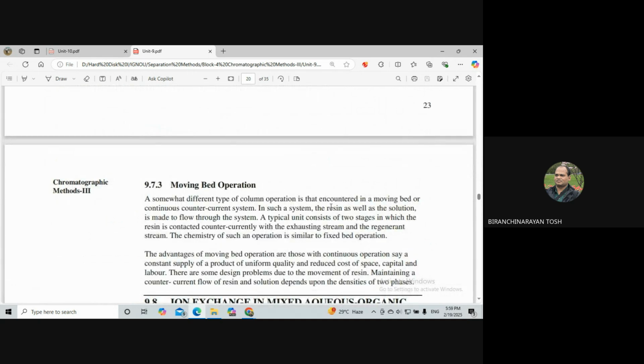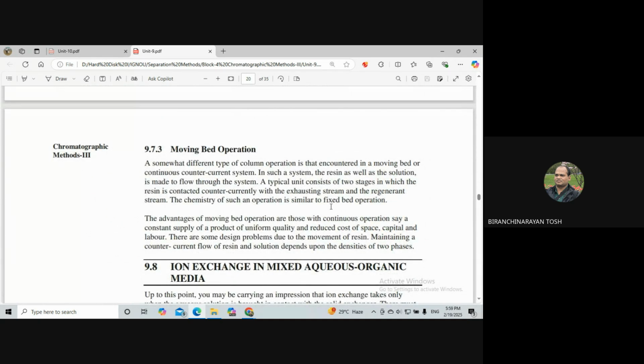The next one is the moving bed operation. A somewhat different type of column operation is that encountered in a moving bed or continuous countercurrent system. In such a system, the resin as well as the solution is made to flow through the system.